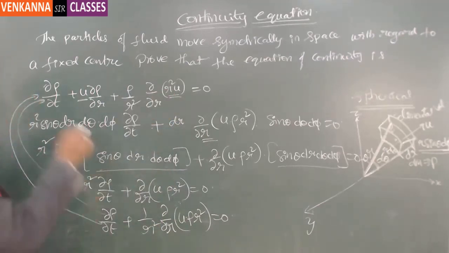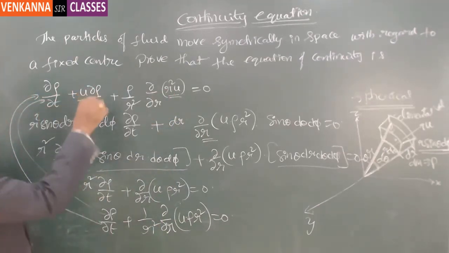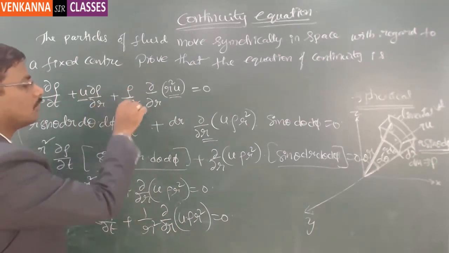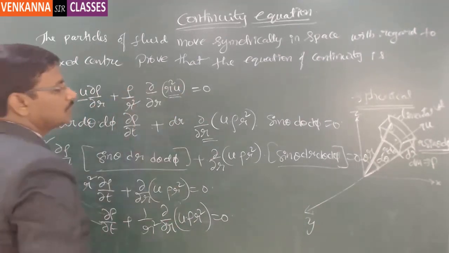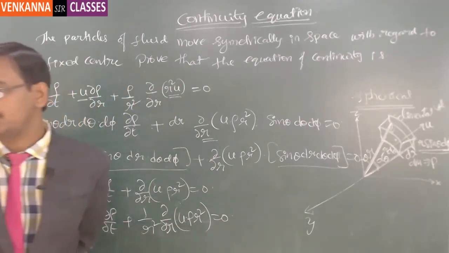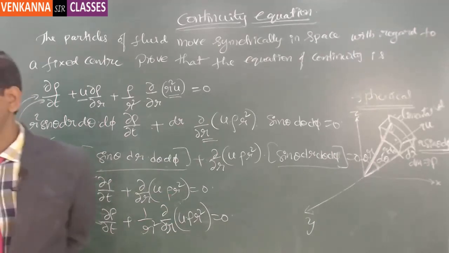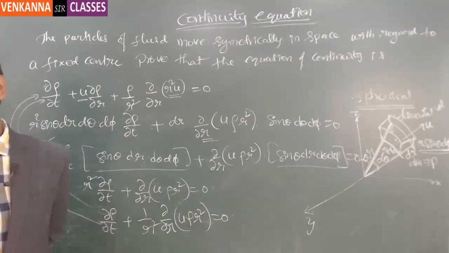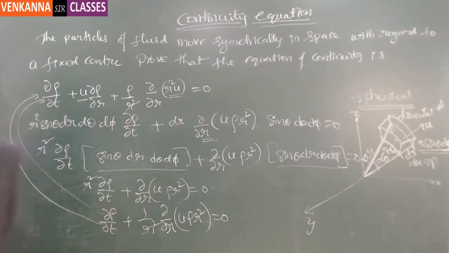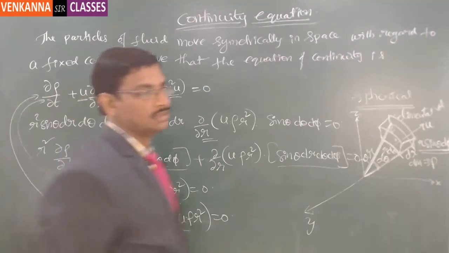So that is dou rho by dou t plus u times dou rho by dou r plus rho by r square into dou by dou r into r square u. So this is equal to 0, which is nothing but the continuity equation. Understood? Understood or not? Is the concept clear?